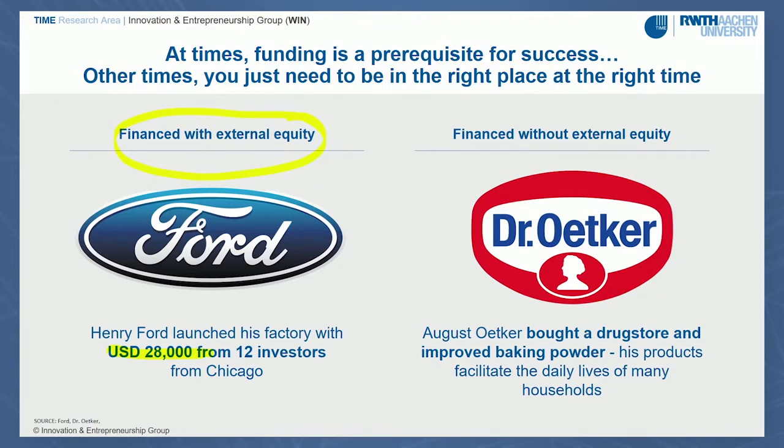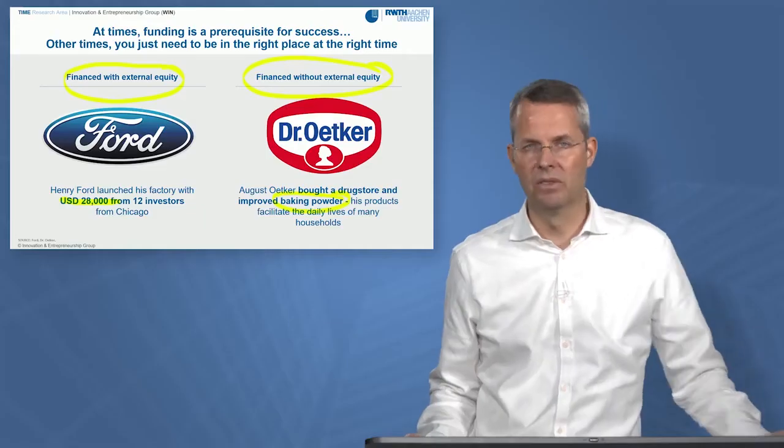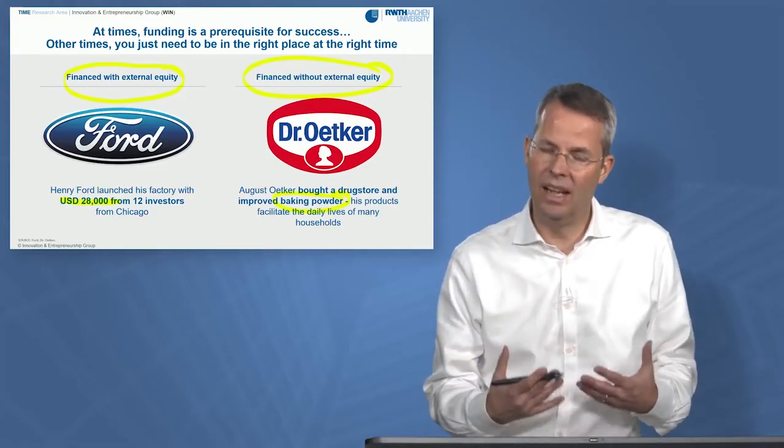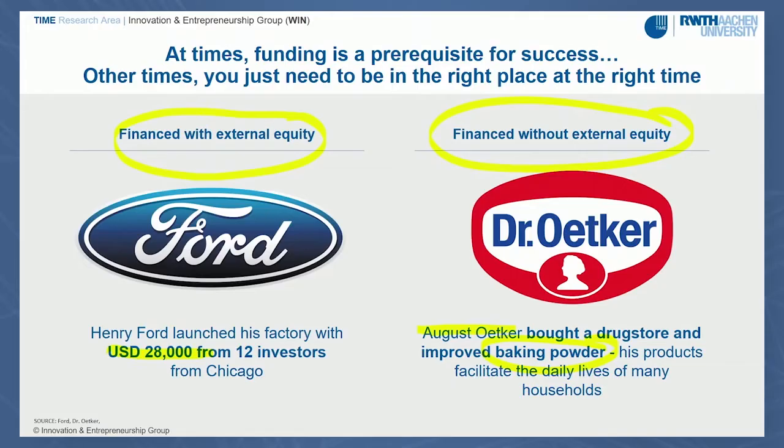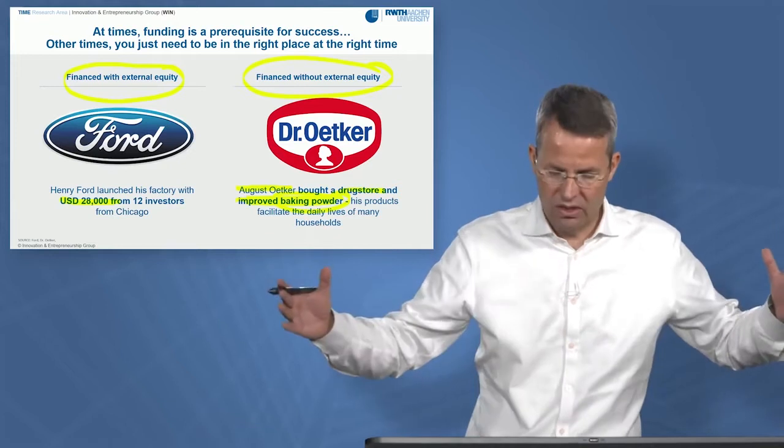On the other hand, Dr. Oetker, a German company, actually started producing baking powder and is now a company in the food sector. They were financed without external equity. Basically, they self-financed. August Oetker, the founder, bought a drugstore and improved baking powder, and this baking powder was his first product, which he sold on a large scale.